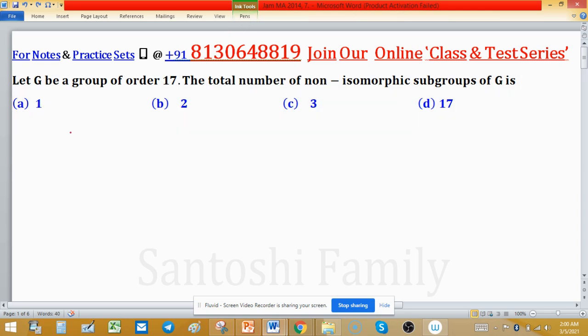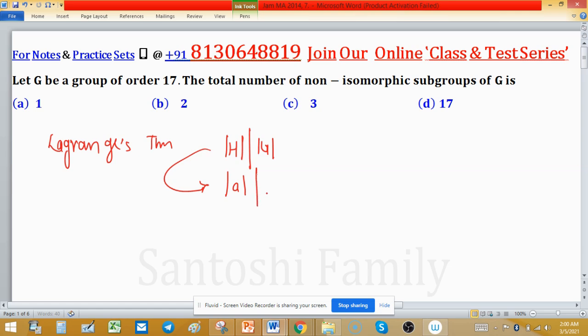By Lagrange's theorem, we know that the order of a subgroup divides the order of the group. If the order of the group is 17, then its subgroup orders will be divisors of 17. The divisors of 17 are 1 and 17, because 17 is a prime.